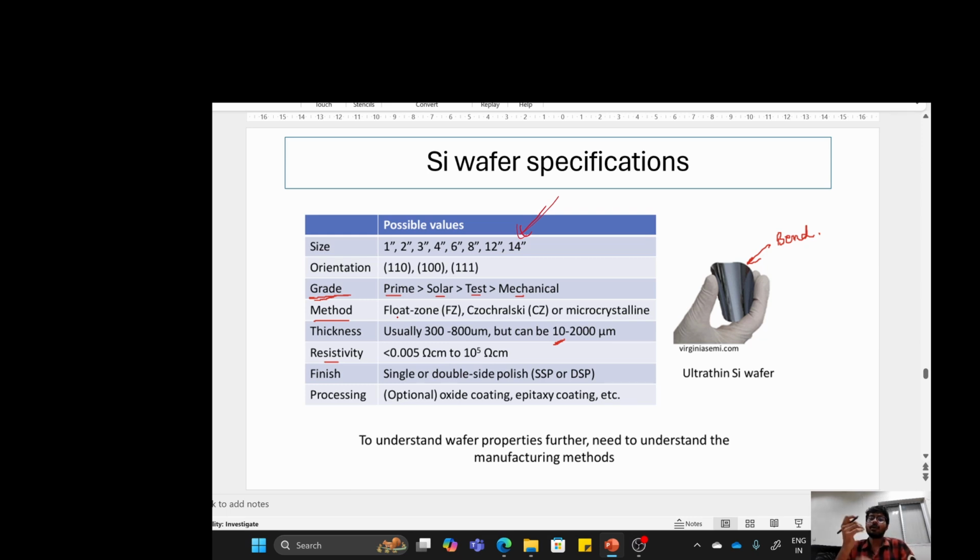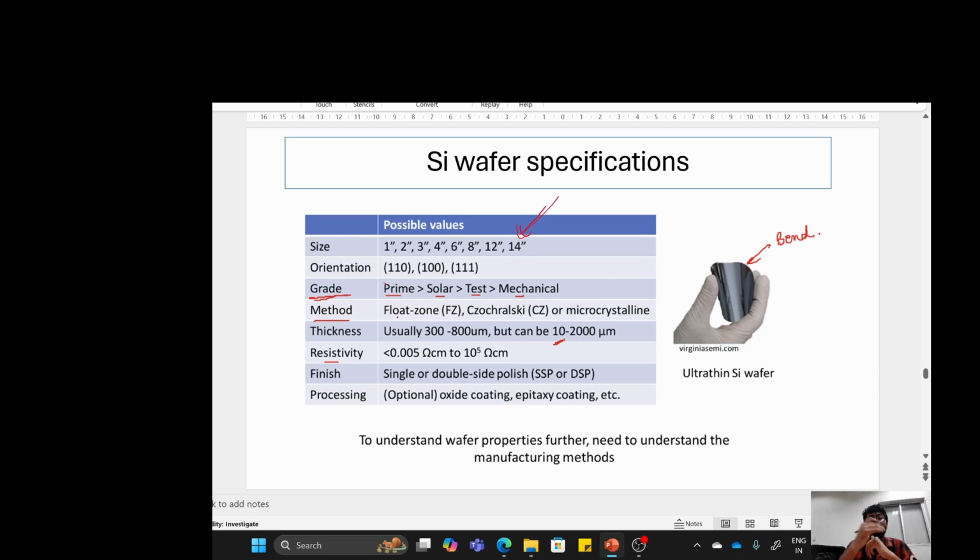Okay, so if you are picking the wafer from a corner, it should not get broken. So the thickness of the wafer should be that thick. There are different orientations of the surface, like 110, 100 and 111.